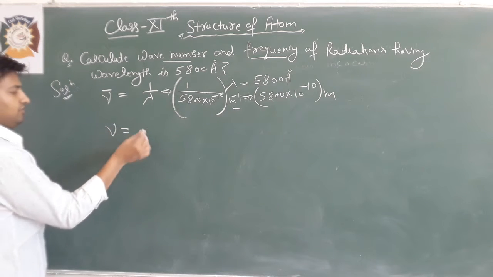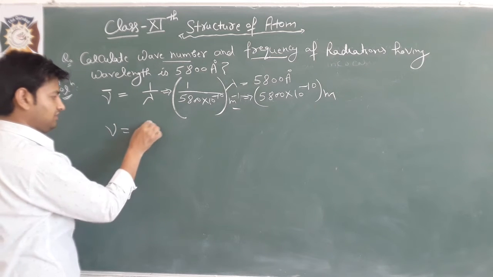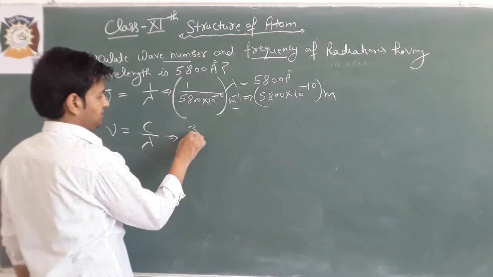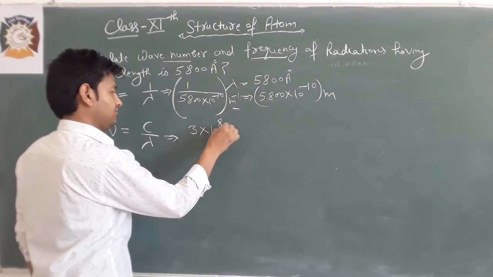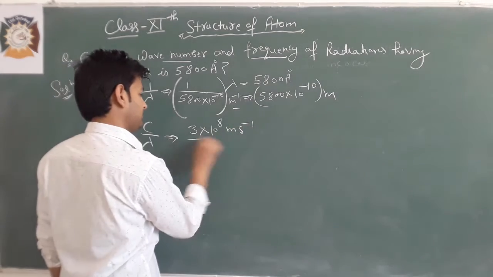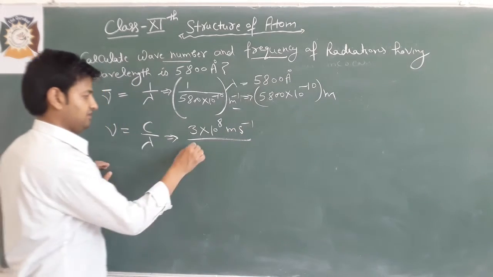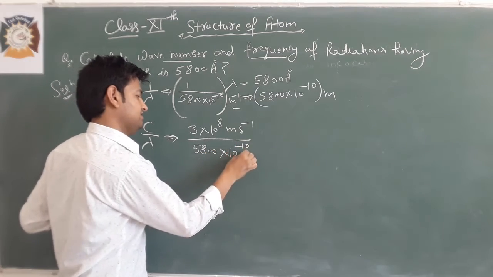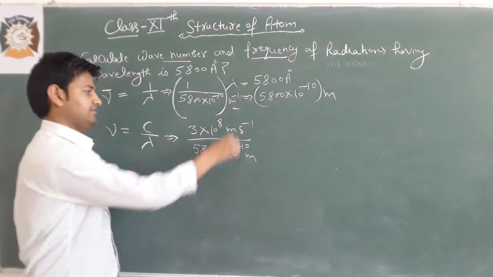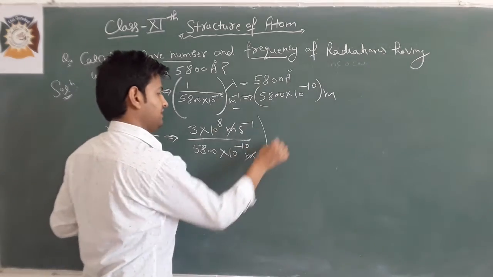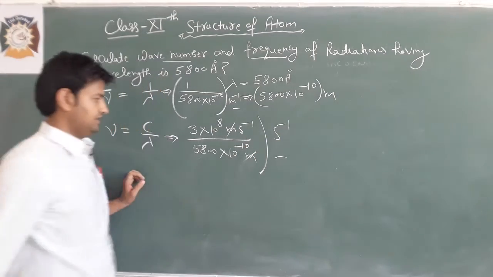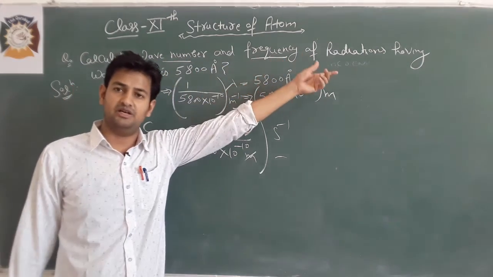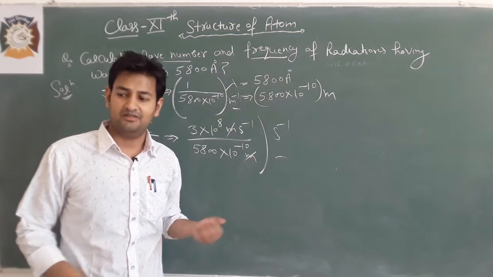Frequency nu is equal to c by lambda, so it can be calculated. Speed of light is 3 into 10 to the power 8 meter per second, and lambda is 5800 into 10 to the power minus 10 meter. Meter cancels, so unit is second inverse. You can calculate wave number as well as frequency of radiation having this wavelength.